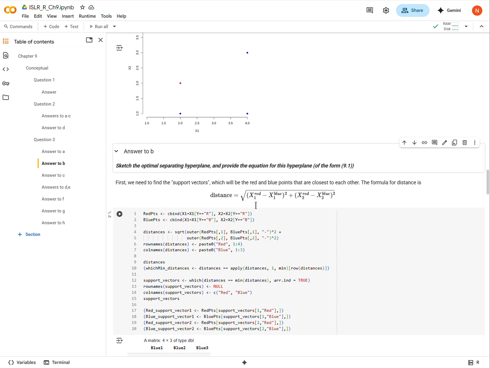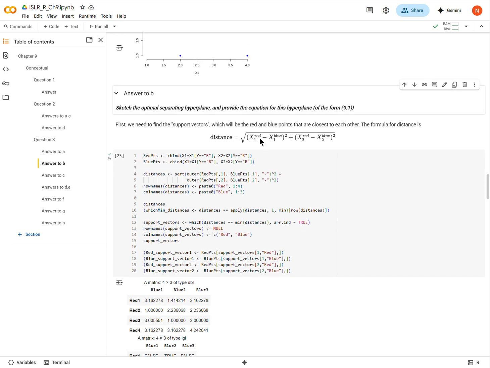All of that to say, we need to find the distance between each red point and each blue point, and we can easily do Euclidean distance, which is given right here. We take the x1 coordinate of the red minus the x1 coordinate of the blue, square that, and then same for the x2 coordinate, take the square root, and that's our distance.